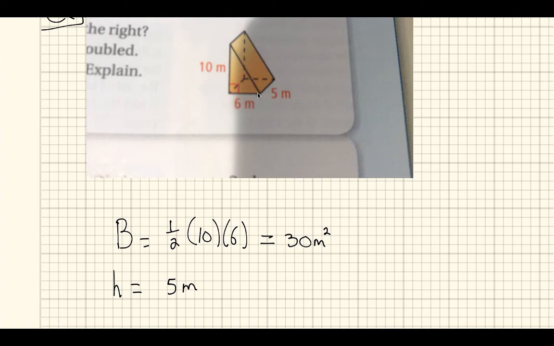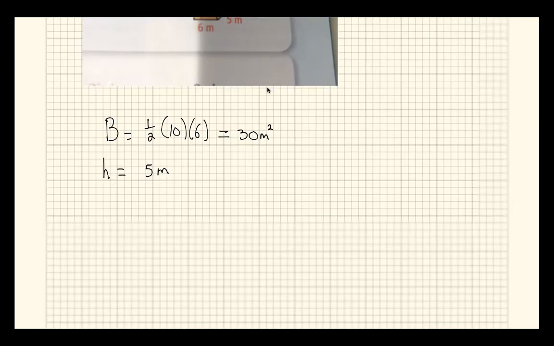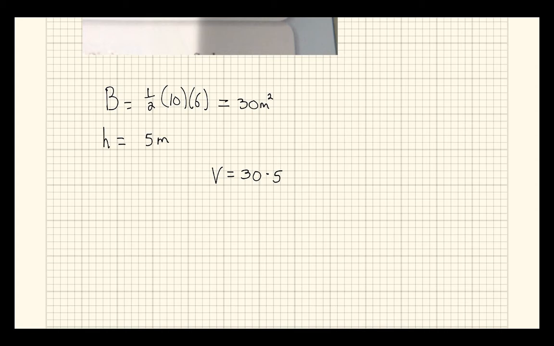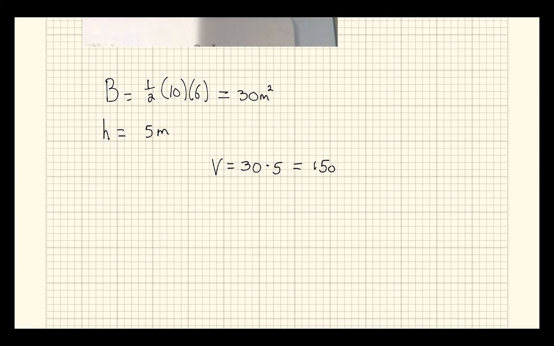So this 5 is the height. If we're finding the volume, it's 30 meters squared times 5 meters. 30 times 5 is 150. And since this is volume, all volume units are cubed units. So this is meters cubed.